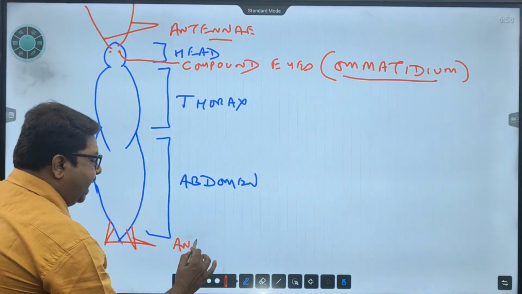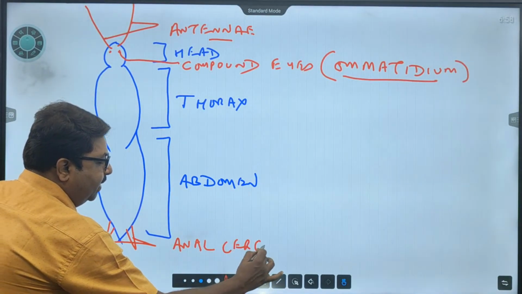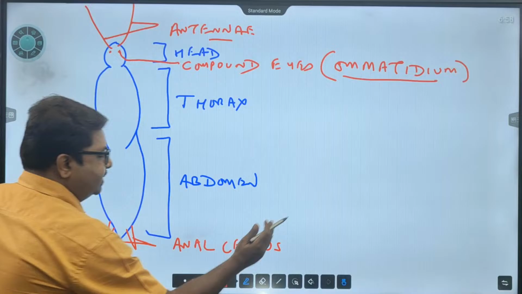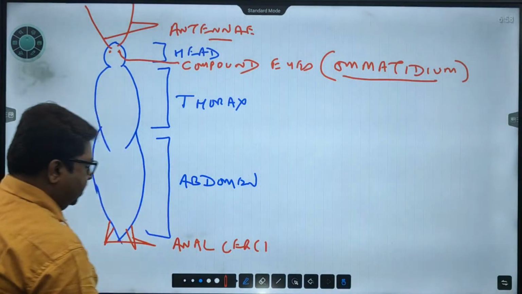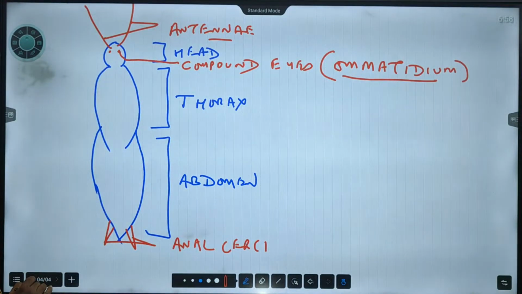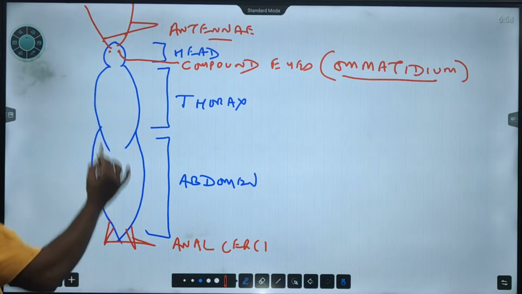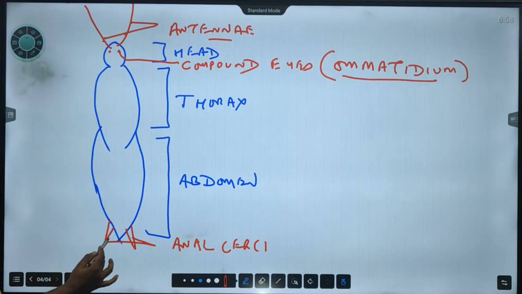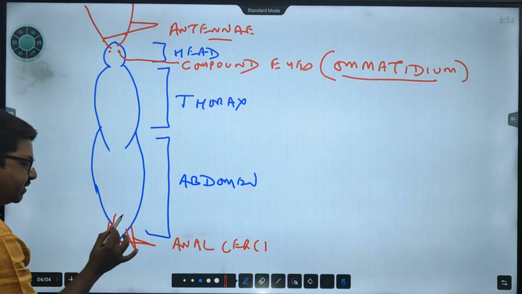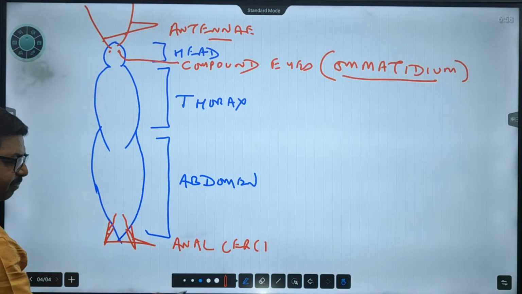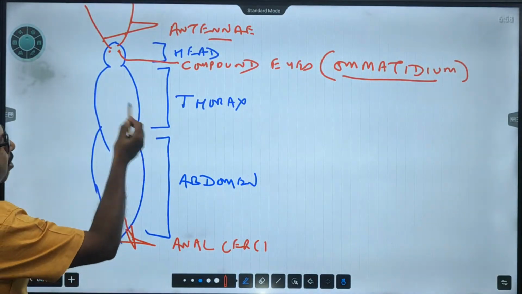These two structures are anal cerci, singular anal cercus, and cerci, plural. So there are two of them. Clear? So these are two radars, two at the front and two at the rear, anal cerci. They have got nerves attached with this anal cerci.